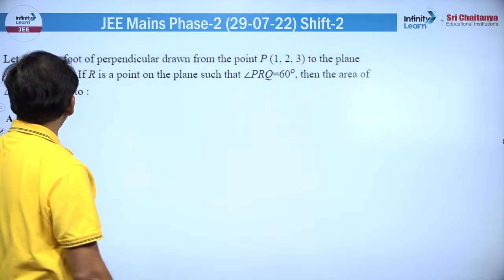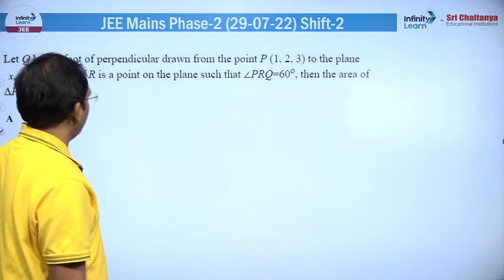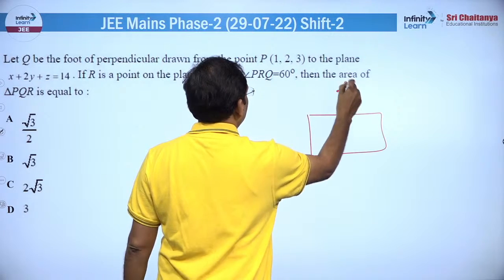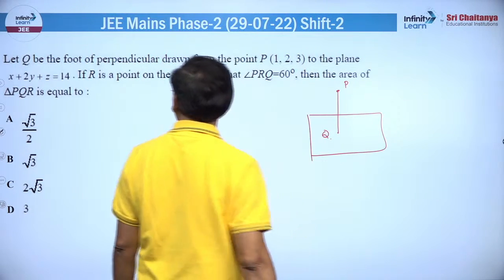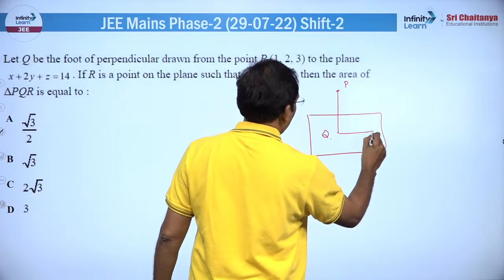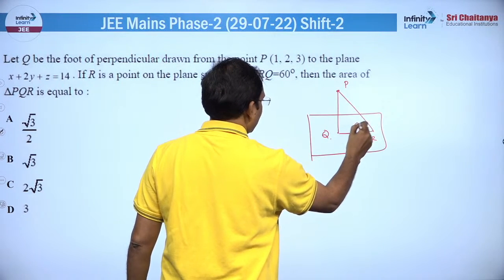Next, you just see this, friends. Q is the foot of the perpendicular drawn from P to the plane. Our plane equation is given. So, he has given a point P, and the foot of the perpendicular is given as Q, right. R is a point on the plane such that angle PRQ is 60 degrees, my dear friends.